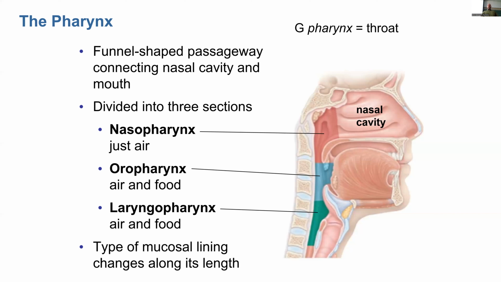Now, what's important to note here anatomically is that the mucosal lining changes along the length of this structure. I mentioned at the nasal cavity, we have these ciliated pseudo-stratified columnar epithelial cells because they're capturing all of those particles and moving them back here.